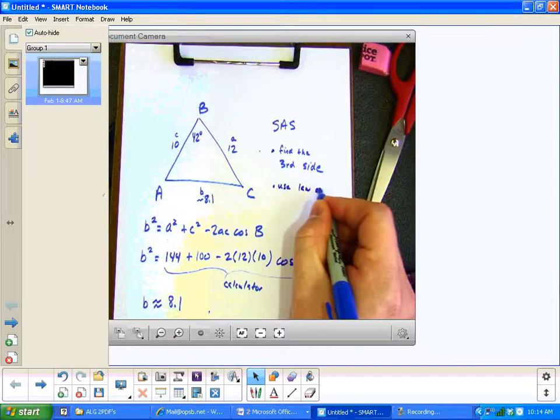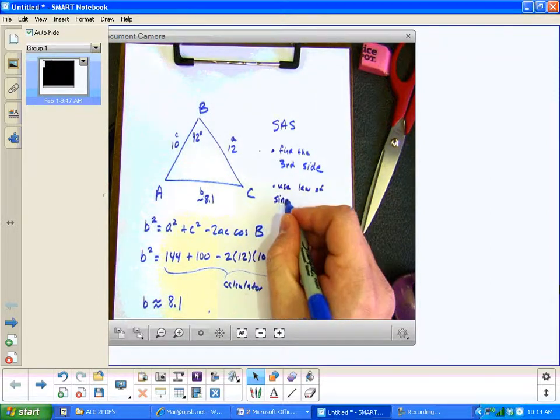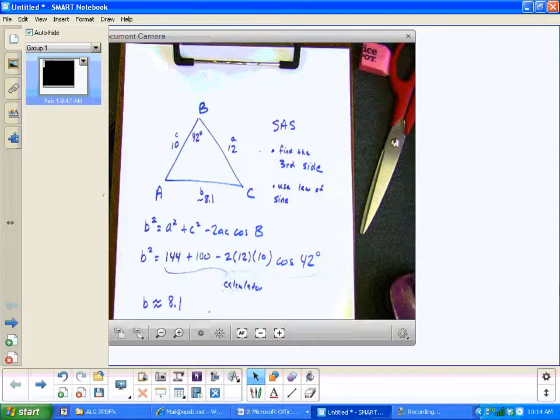Now, law of sines can get you in trouble a lot of times with bigger obtuse angles. And the idea is you think about your unit circle. In the first quadrant, all the angles go from 0 to 90, don't they? In the second quadrant, they go from 90 to 180. And some of the values in the second quadrant are negative, aren't they?